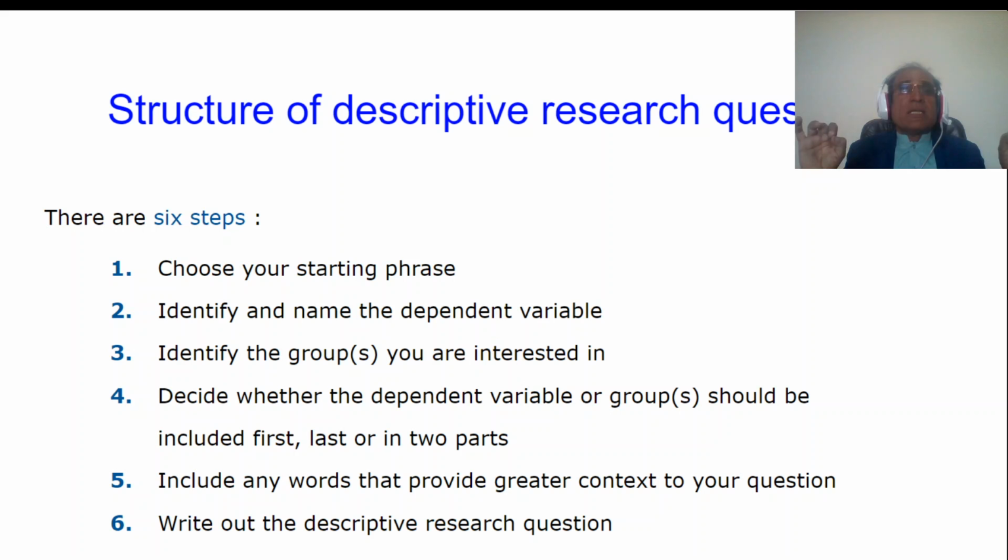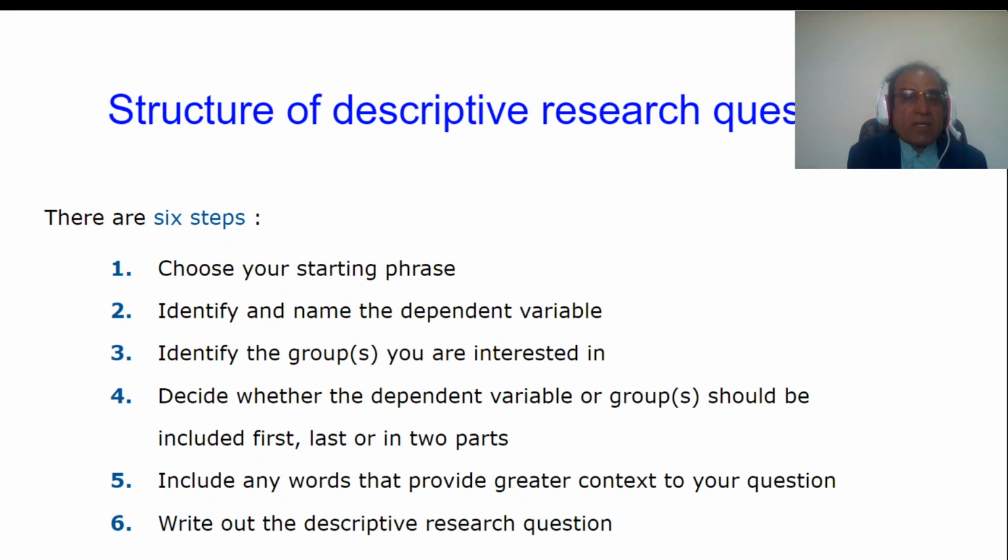Next is structure of descriptive research question. There are 6 steps for structuring a descriptive research question. First, choose your starting phrase. Identify and name the dependent variable. Identify the group you are interested in. Decide whether the dependent variable or group should be included first, last, or in two parts.